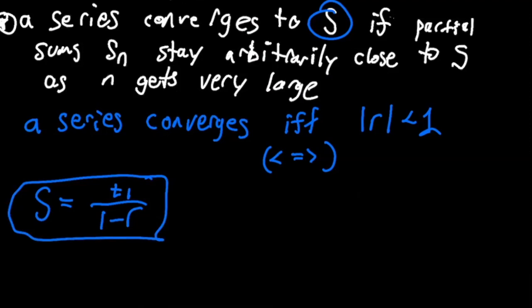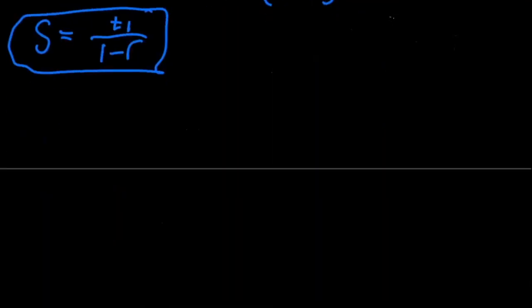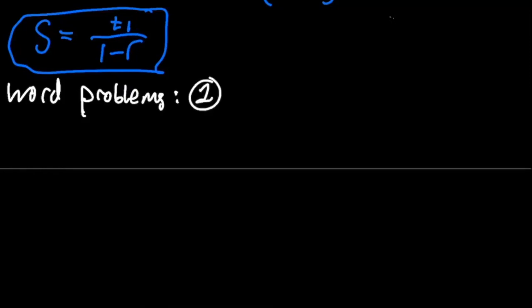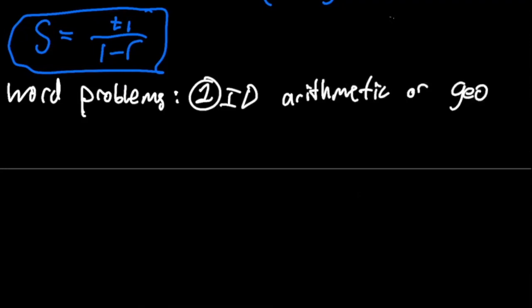To solve word problems with series, we can go through a few steps. First, we want to identify if our problem is arithmetic or geometric, and also identify if we're looking at a sequence, so a list of numbers, or a series, a summation of term values.